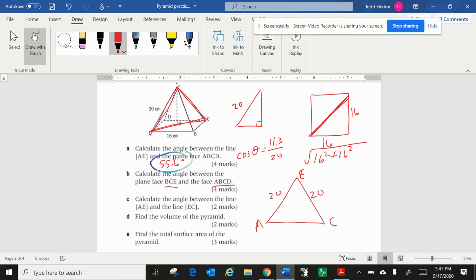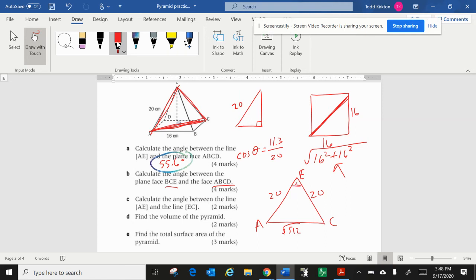And way back in the beginning, I found this, and I took a half of it. It was that 16 squared plus 16 squared. Only this time, I'm not going to take half of it. So 16 squared plus 16 squared is 512. So this bottom side is the square root of 512.